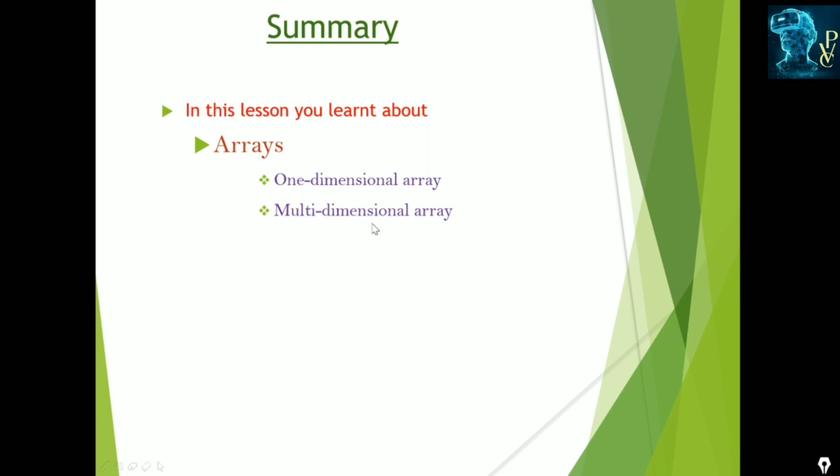Multi-dimensional arrays, depending on the dimensions, can be 2-dimensional, 3-dimensional and so on. Multi-dimensional arrays can be used for matrix addition, matrix multiplication, traversing, sorting. All these can be done with one-dimensional, 2-dimensional or multi-dimensional arrays. Okay, these were all learned with examples in this video.